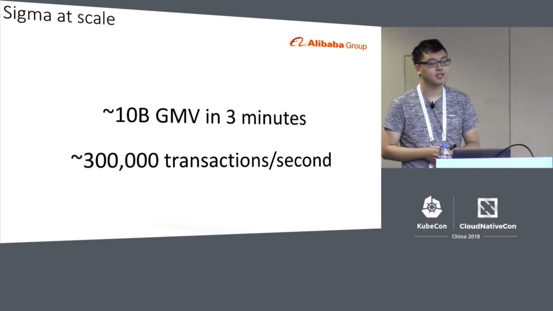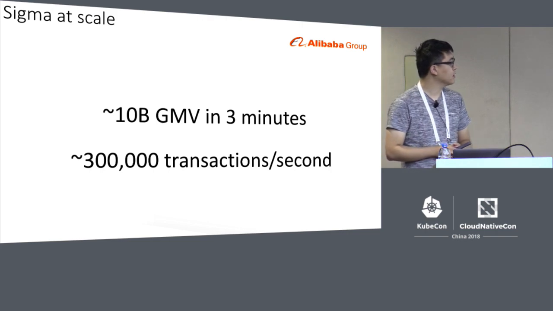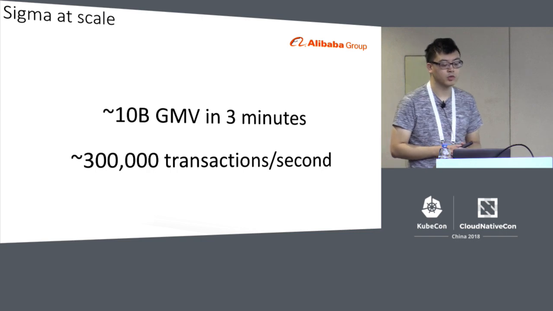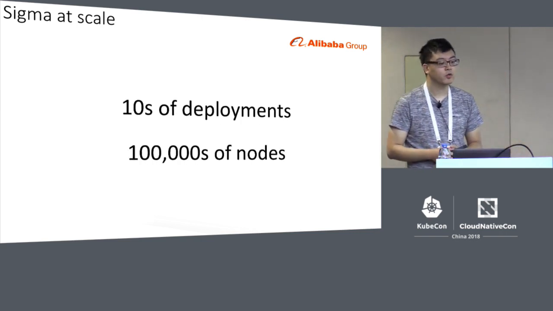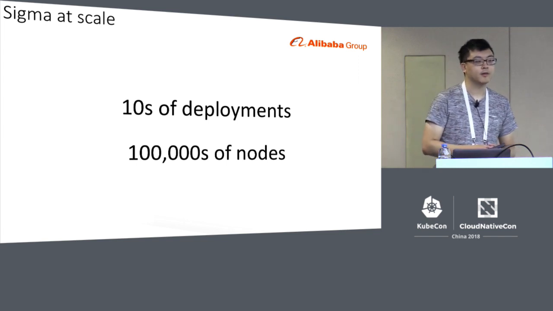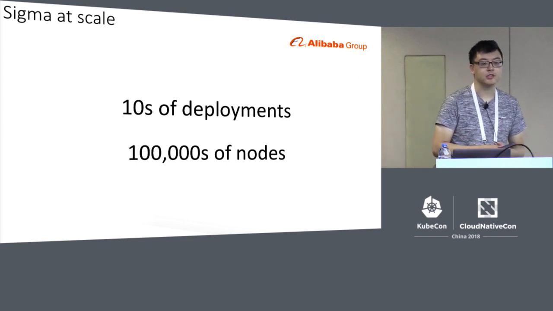And this data was released last year. Well, I believe the data this year will be more impressive. We found that in 3 minutes we achieved 10 BGMV, and we concluded 32,500 transactions per second. And for the scale, we often deploy 1,000 nodes.